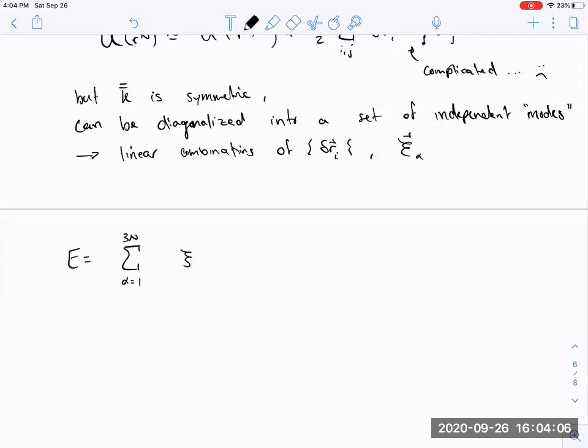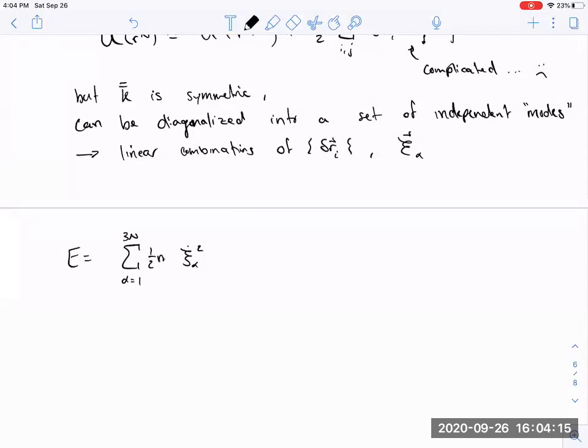The kinetic energy associated with that mode is its time derivative squared, times some mass of that mode, plus some harmonic potential acting on that mode, like so.